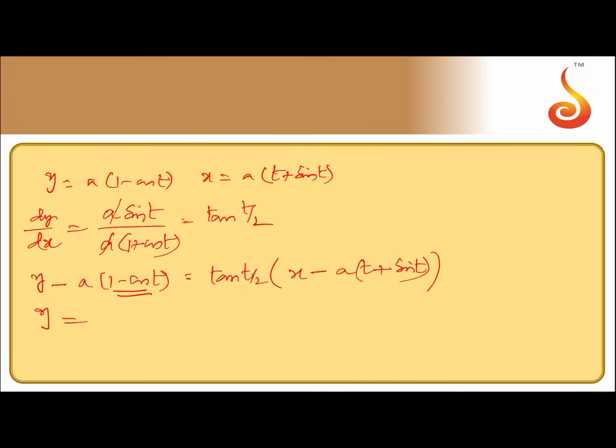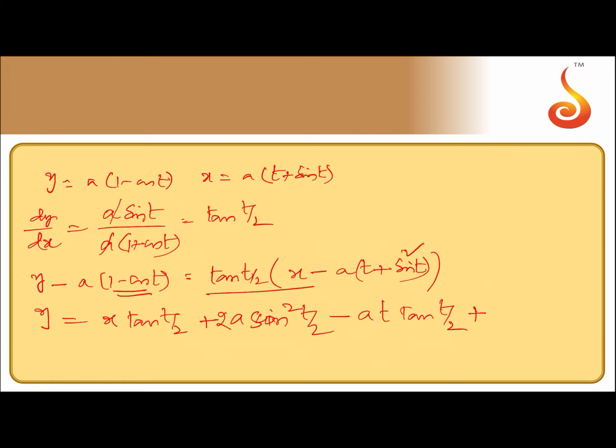Here 1 minus cos t is 2 sine square t by 2. So you can write this as x multiplied by tan t by 2 for the first part, plus 2a sine square t by 2, and of course minus a t multiplied by tan t by 2, and plus sin t can be replaced by 2 sin t by 2 cos t by 2.